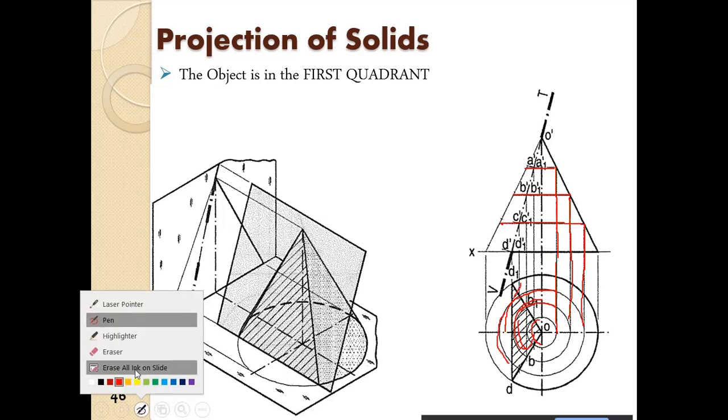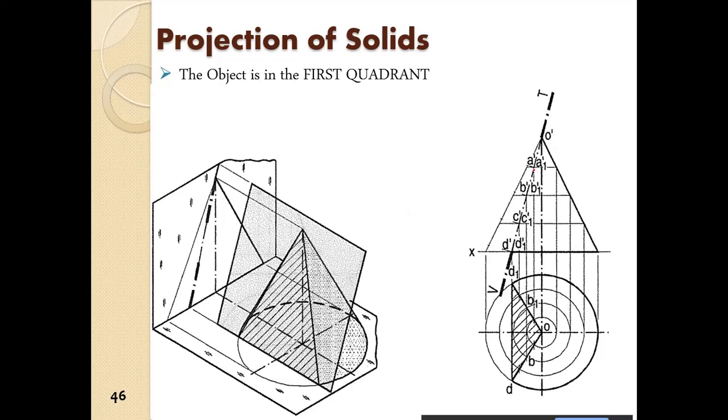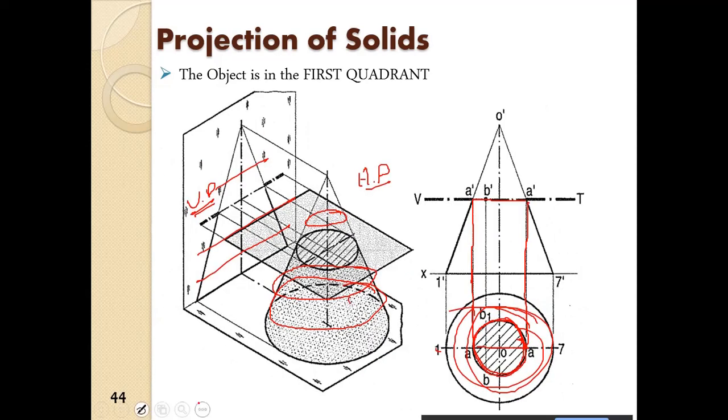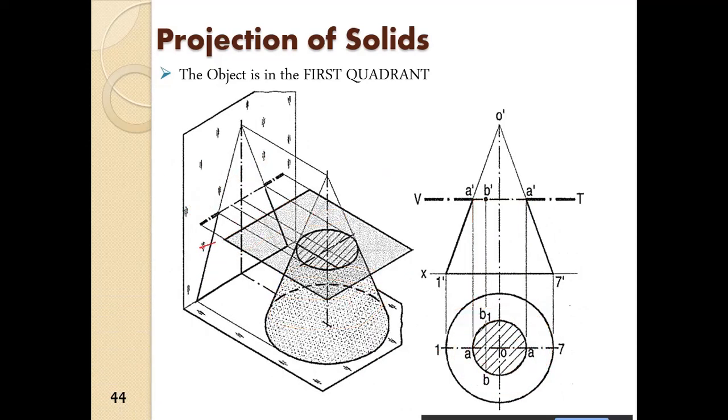Once that is done, we obtain these points: A dash, A1 dash, B dash, B1 dash, C dash, C1 dash, D dash and D1 dash. So we have this triangular intersection plane. The concept is of this manner: we are lowering the intersection plane and getting various points of intersection.